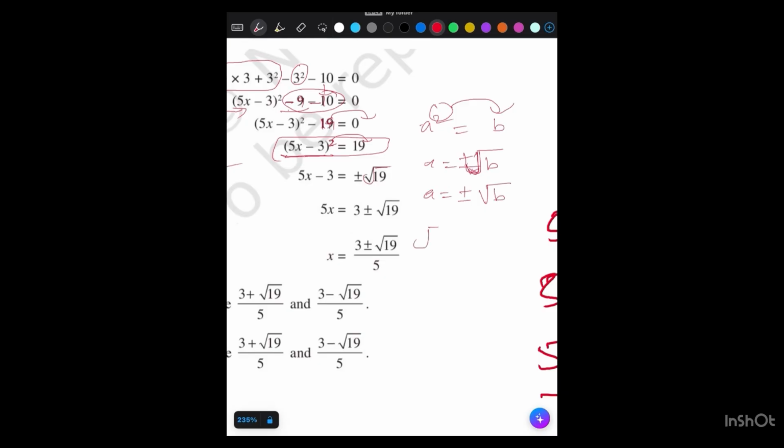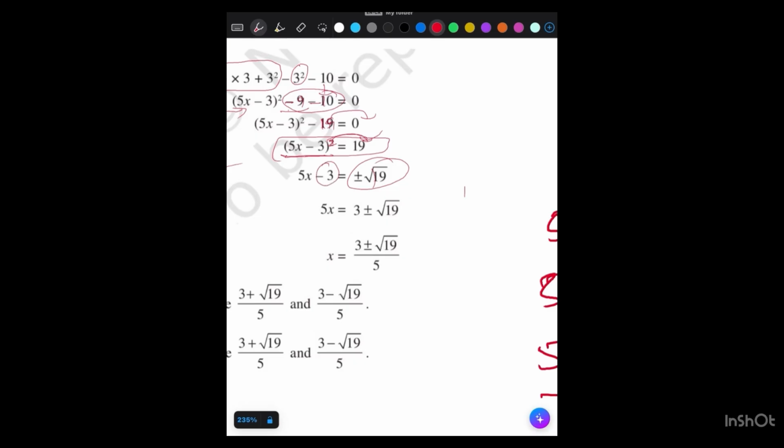And if the square root goes to that side, it will become a square, like a reciprocal. This is a very ordinary mathematics thing that you should know. Note it down, okay? That is why, when the square goes to the opposite side, it becomes 19.